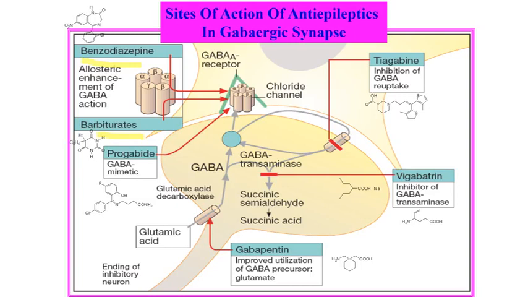So this slide is orienting our mind that there are some drugs that act differently in order to enhance the GABAergic synapses, or to potentiate the GABA: synthesis, preventing metabolism, preventing reuptake at the synaptic cleft.